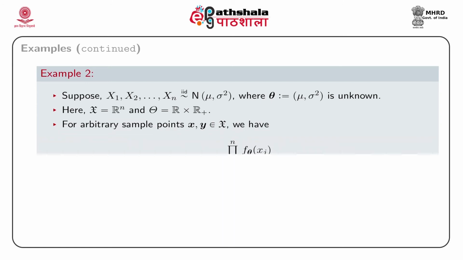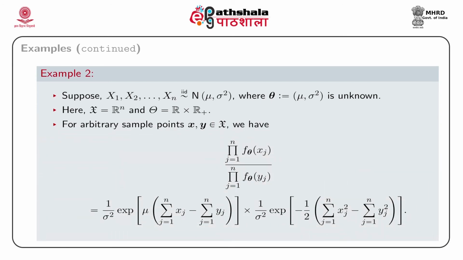Now, for two arbitrary data points x = (x_1, x_2, ..., x_n) and y = (y_1, y_2, ..., y_n), both from script X, we have the product over i from 1 to n of f_θ(x_i) divided by the product over i from 1 to n of f_θ(y_i). This equals the product over i from 1 to n of 1/(σ√(2π)) into e to the power minus 1/(2σ²) summation over i from 1 to n of (x_i - μ)² divided by the product over i from 1 to n of 1/(σ√(2π)) into e to the power minus 1/(2σ²) summation over i from 1 to n of (y_i - μ)².